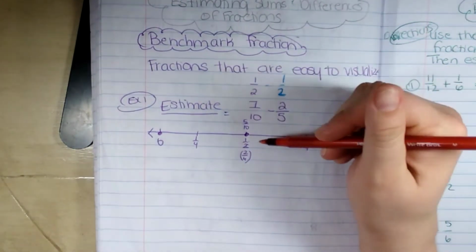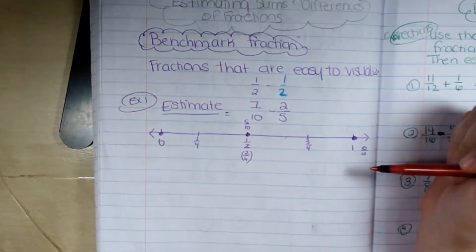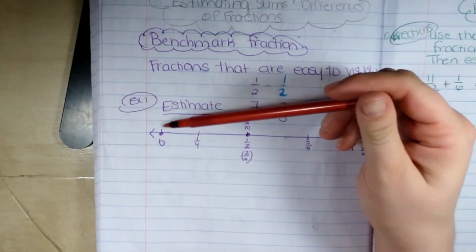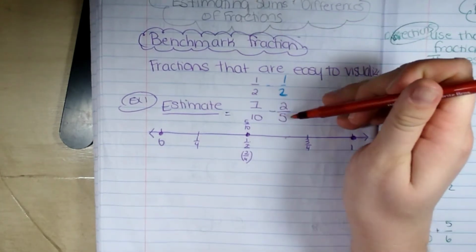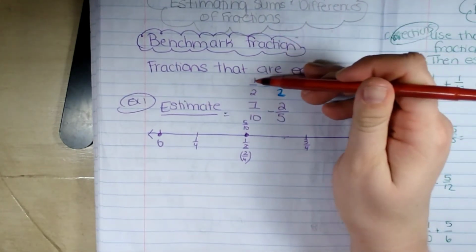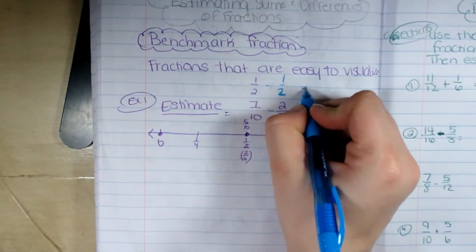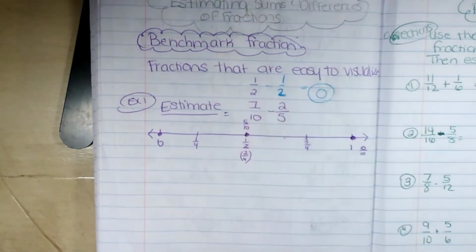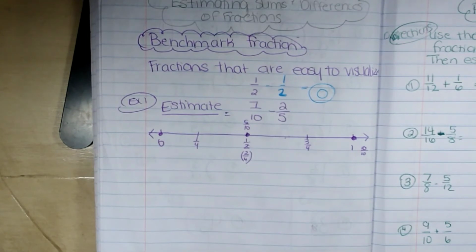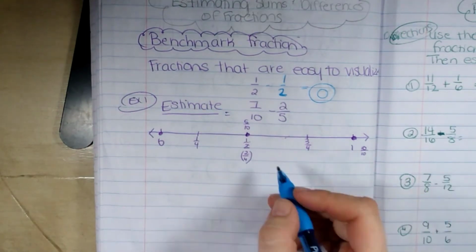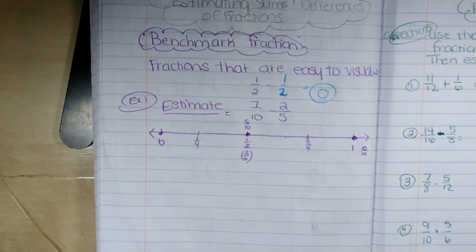Now, if I couldn't pick 1/2 and I only had 0 and 1, I would have picked 0 here and 1 here. So this answer is actually going to be 0, because 1/2 minus 1/2 is 0. So let's try another one.